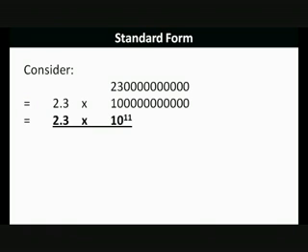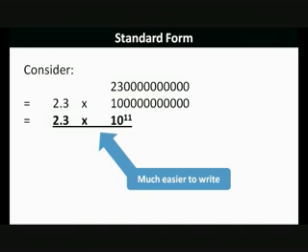And if we count up the zeros, there's 11 of them, so that number is the same as 2.3 times 10 to the power of 11. And that's a much easier way of writing that number than having to write all of the zeros.